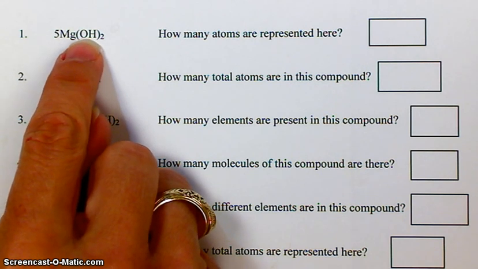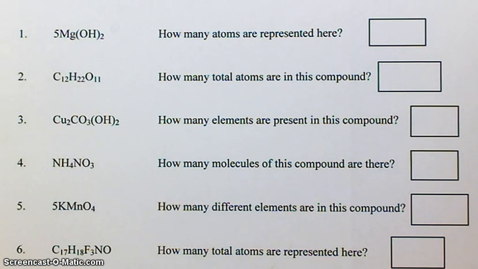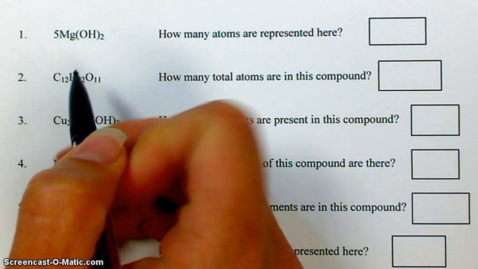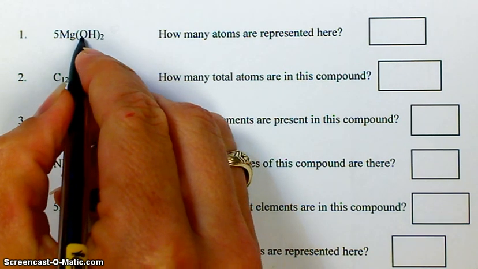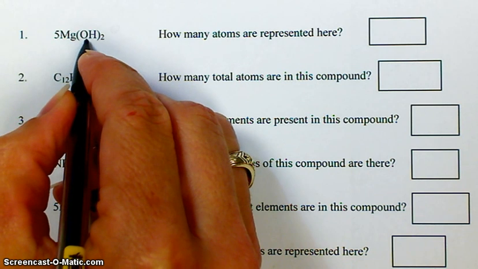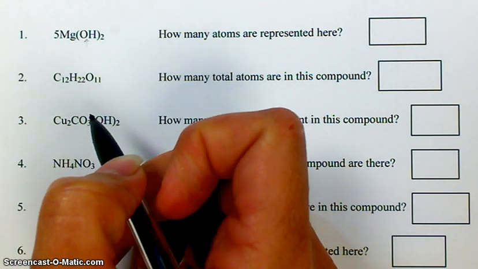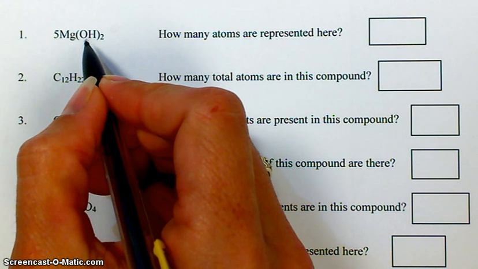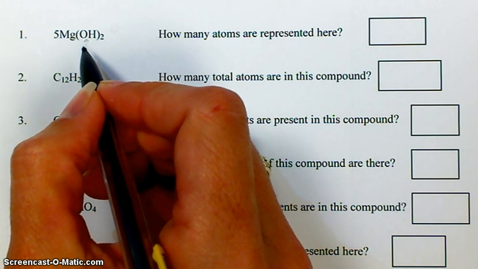The subscripts tell you how many atoms of that particular element there are in that formula, and you have to kind of watch it if you have parentheses, because for instance the O in here, there is no subscript written, but we understand that its subscript is 1. So basically if it doesn't have a subscript that's written, it's understood to be 1.